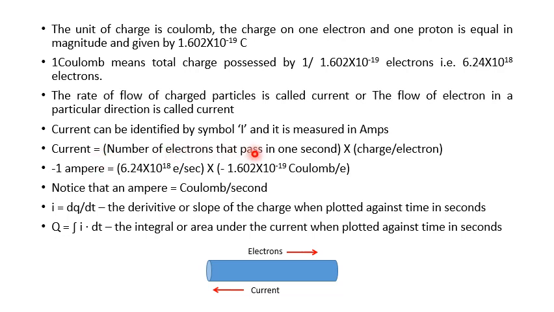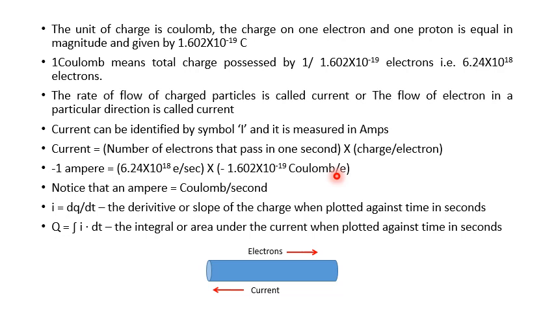Current is the number of electrons that pass in one second multiplied by the charge per electron. This product gives the current. One ampere means 6.24 into 10 raised to 18 electrons per second into 1.602 into 10 raised to minus 19 coulomb per electron.